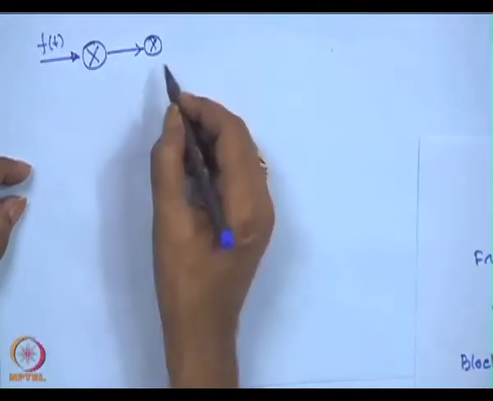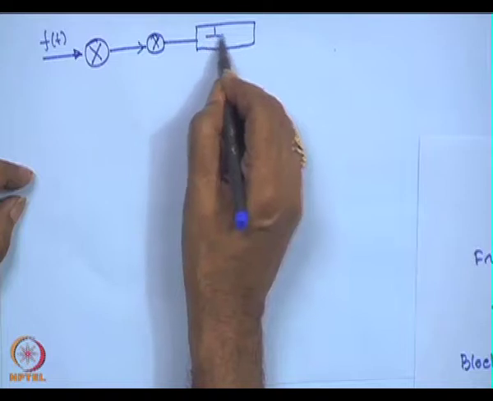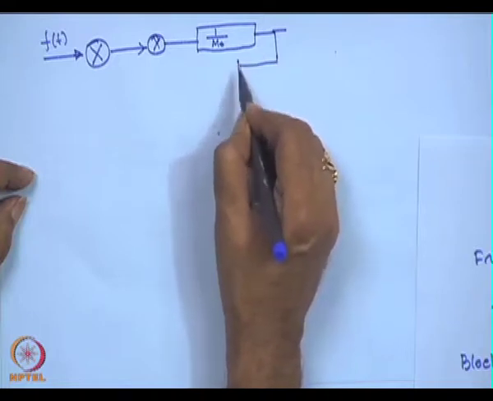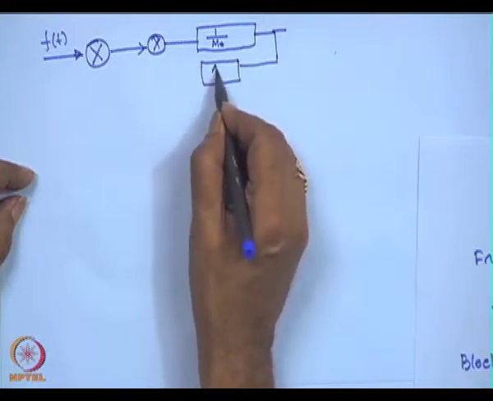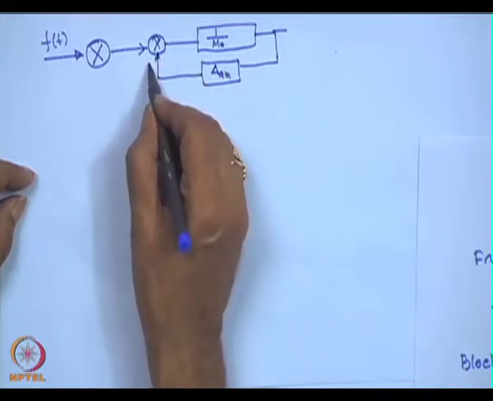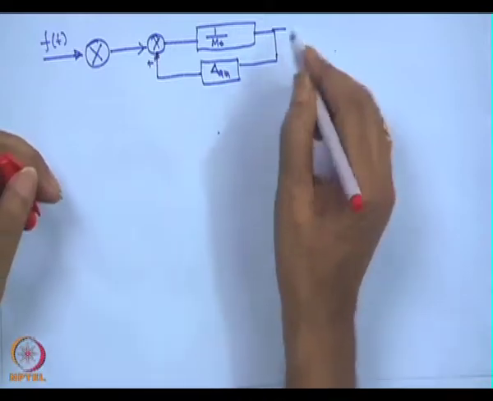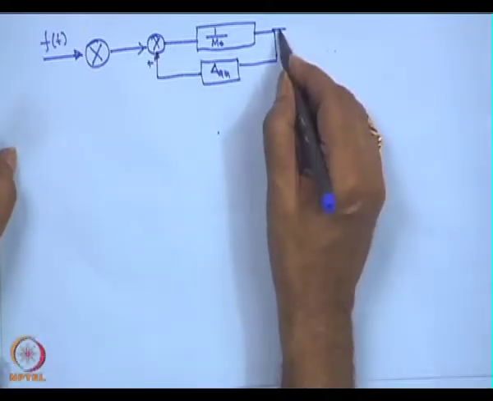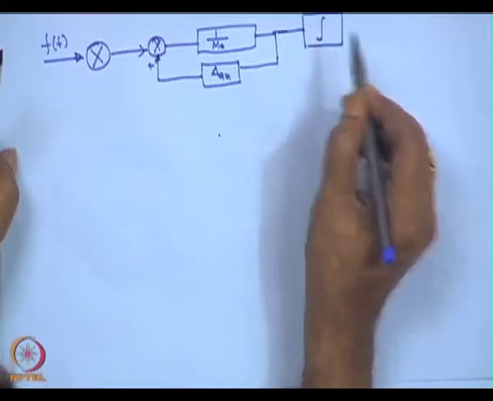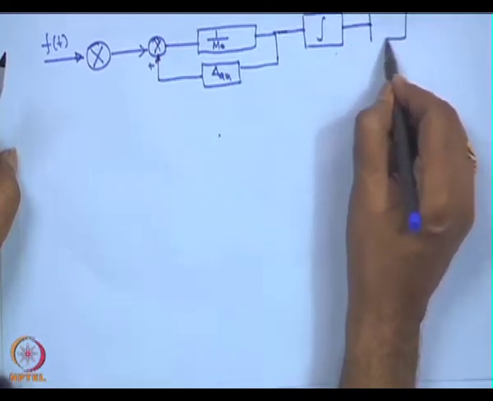Now I am drawing 1 by m 0 plus delta A m, plus a summing point, then we have an integrator, the output, and then we have another integrator.